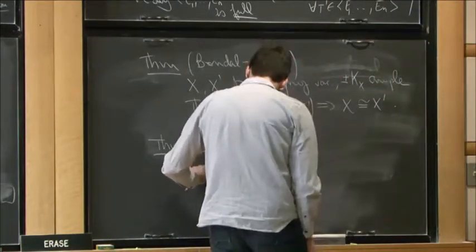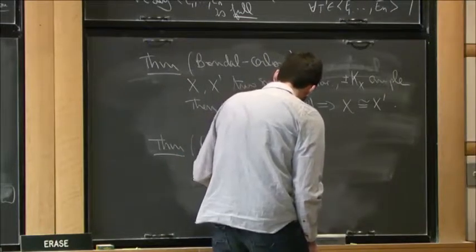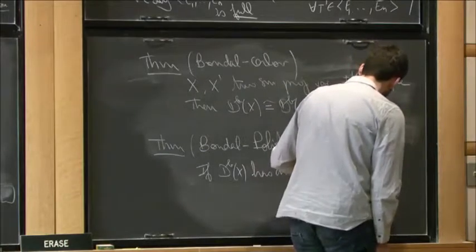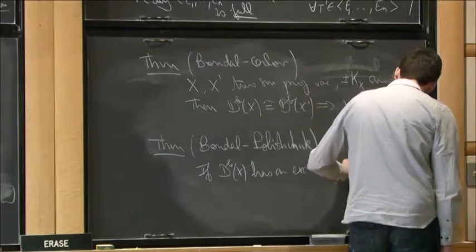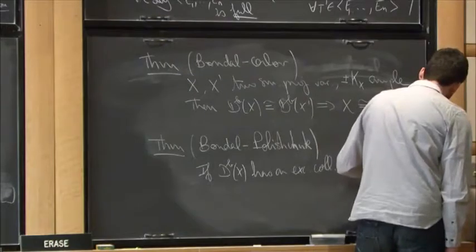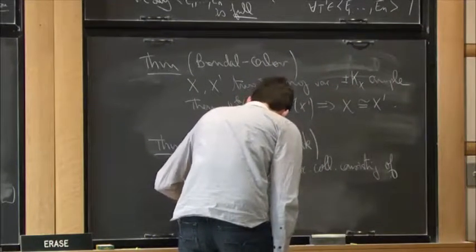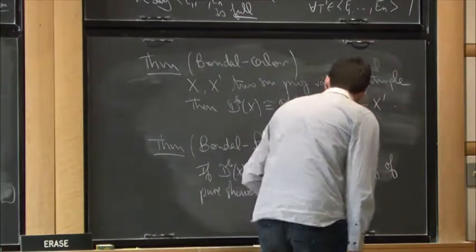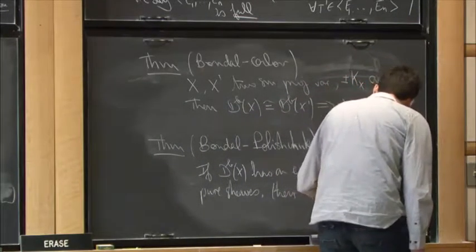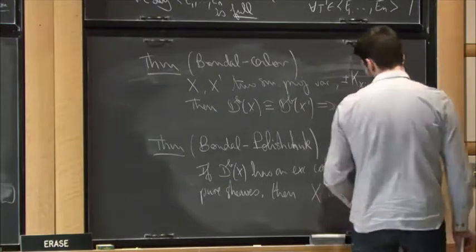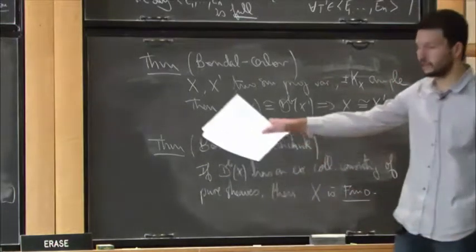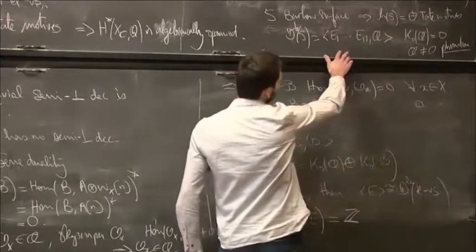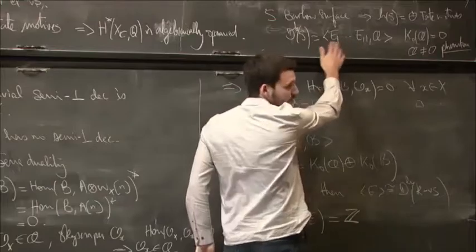If D^b of X has an exceptional collection consisting of pure sheaves, then X is Fano. So, for example, in the case of the Barlow surface, the way this is constructed is by using line bundles.